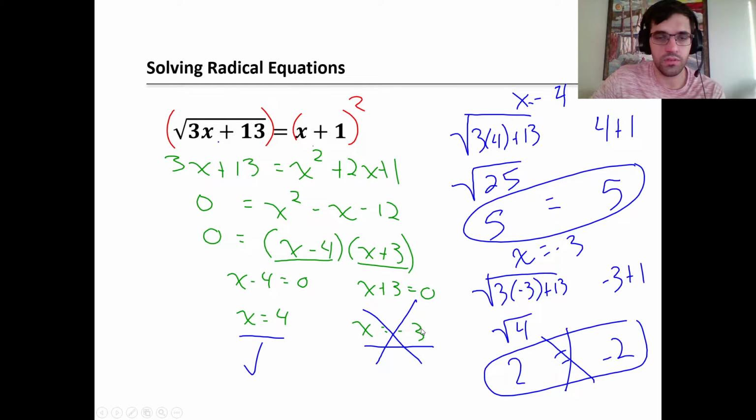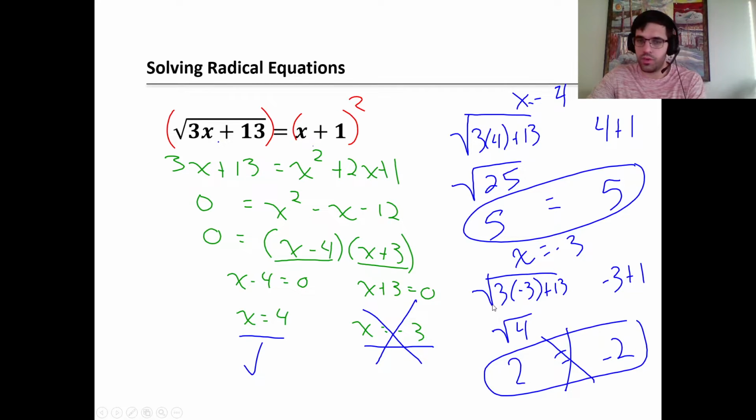Now, this is how we solve this kind of problem in Pre-Calc 11. Notice we do have to check, because we squared both sides of the equation, for an extraneous solution. So we plug back in 4, we find that this does work, because the left side and the right side are equal. When we plug in negative 3, we find this does not work.